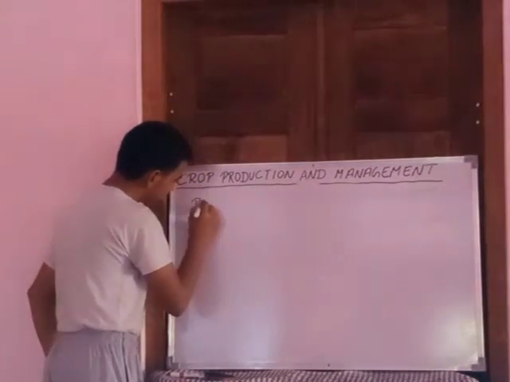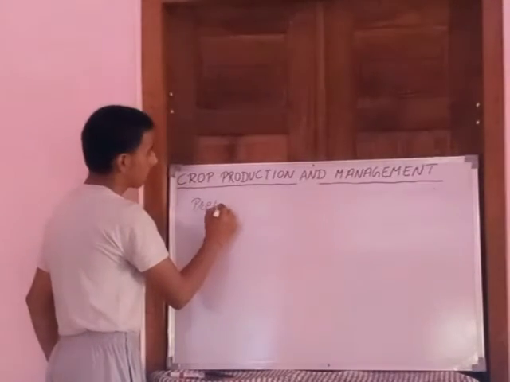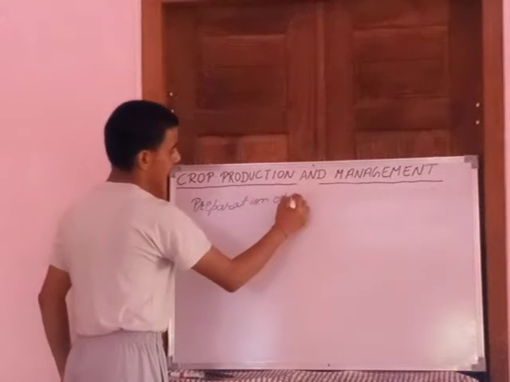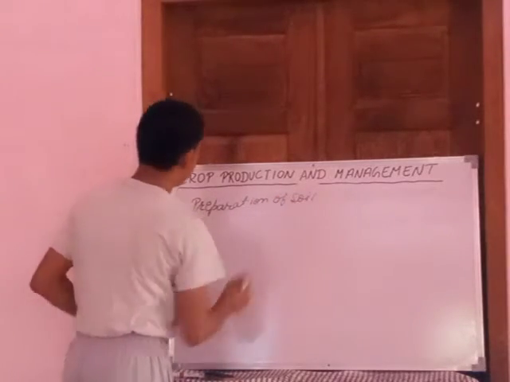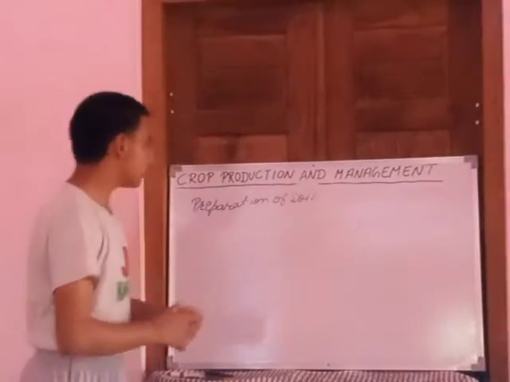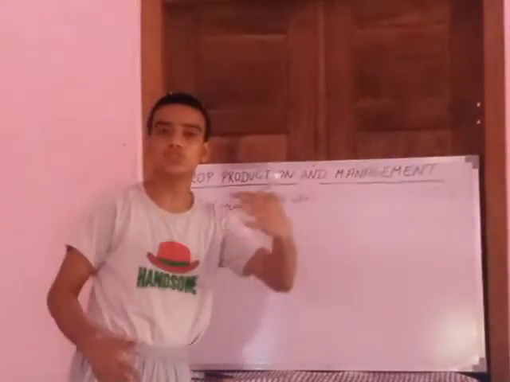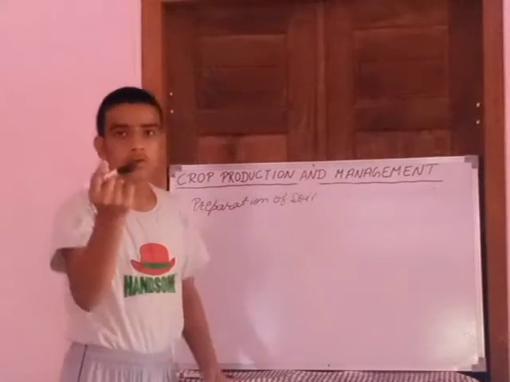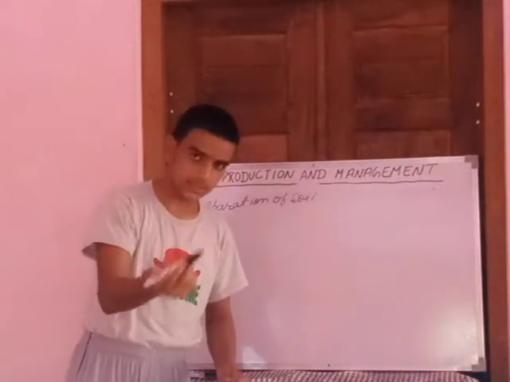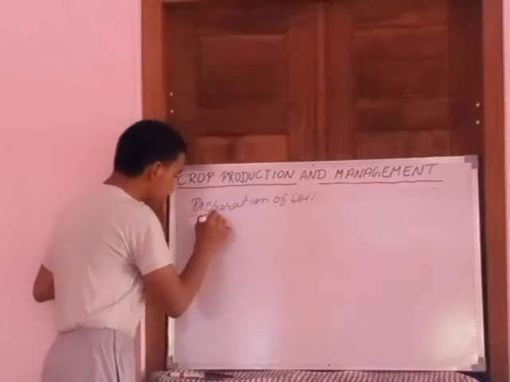Now let's discuss the preparation of soil first of all. Preparation of soil is the first step for growing the crop. Preparation of soil means turning and loosening the soil so that the roots of the plants can penetrate deep into the soil and can breathe easily.